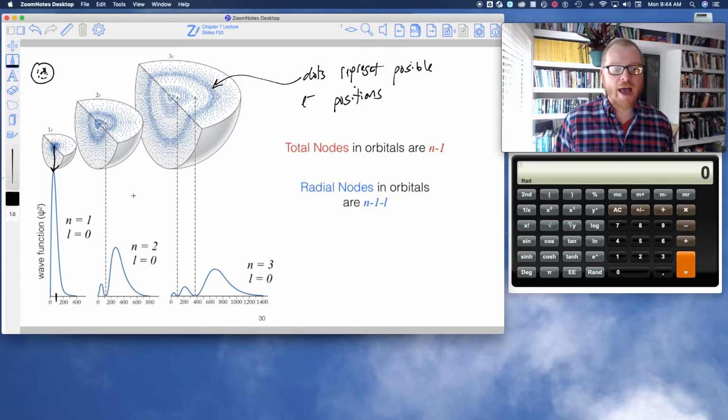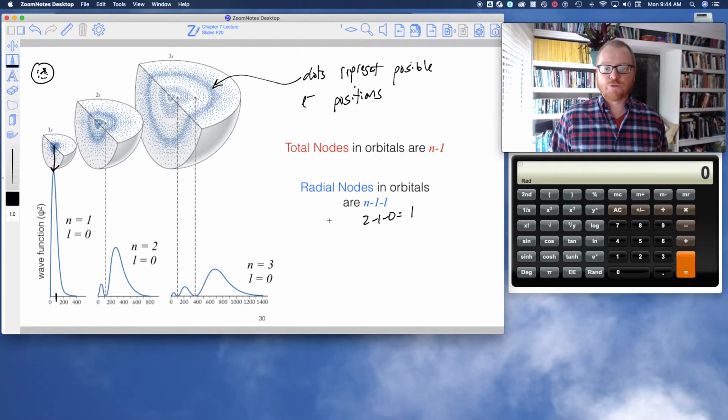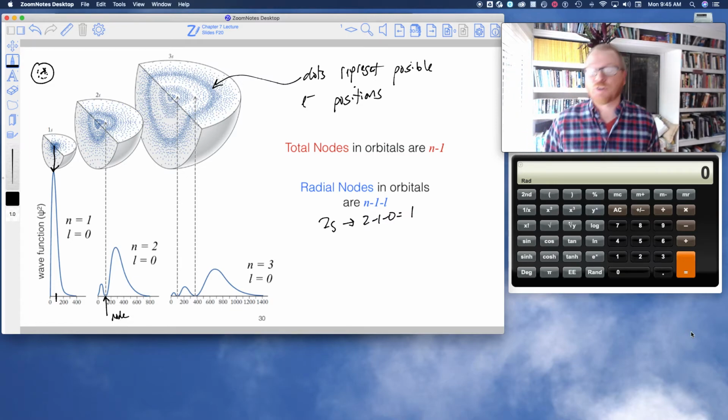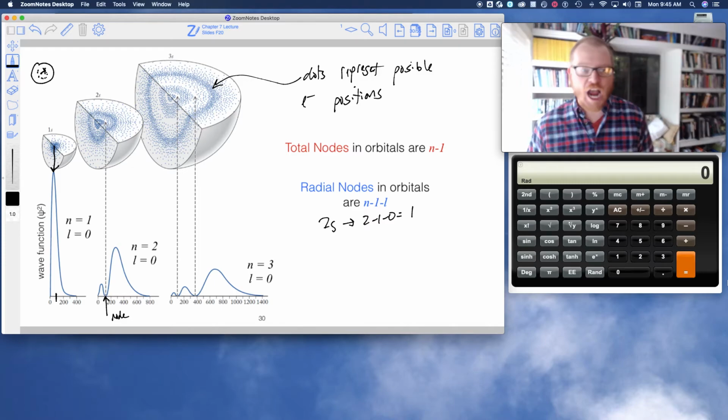So now if I go to 2s, n is equal to 2, L is equal to 0, that gives me, remember, 2 minus 1 minus 0 equals 1 for 2s, okay? So now there's that one single node. There it is. And it just so happens to be a radial node because of this spherical radial geometry.